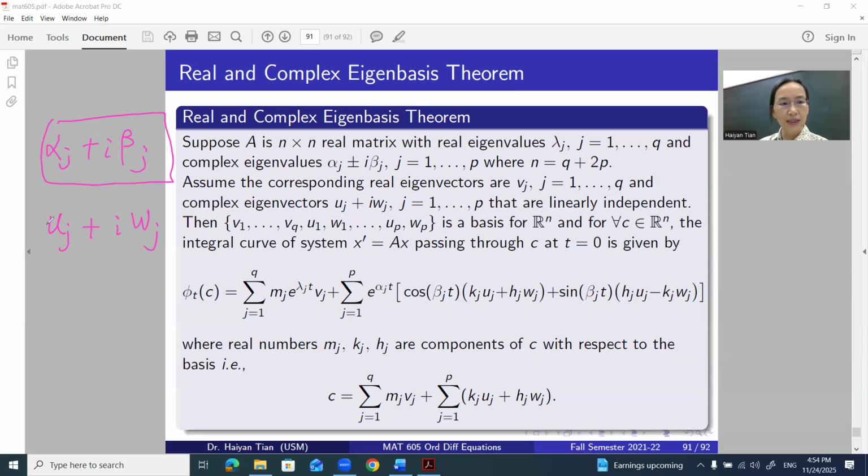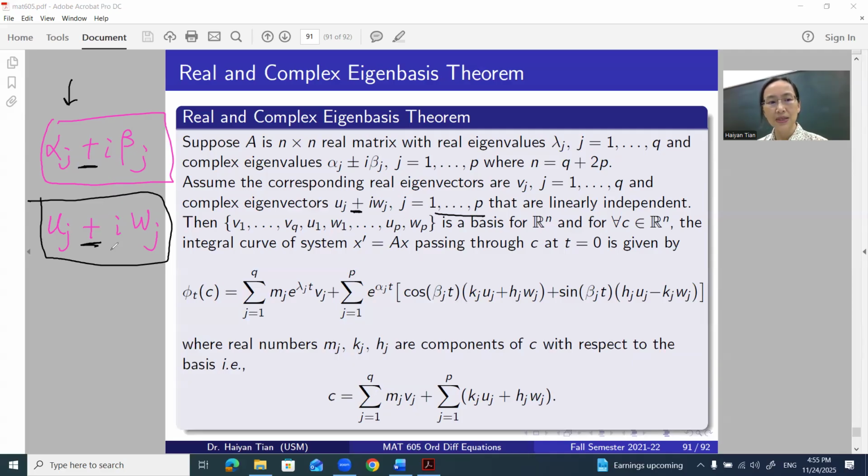When the conjugate is an eigenvalue, the corresponding eigenvector will be the conjugate vector, which is uj minus i wj. So just remember this. Suppose we have j from 1 to p. That means plus minus will give a pair of eigenvalues and a pair of eigenvectors. So we have p pairs.